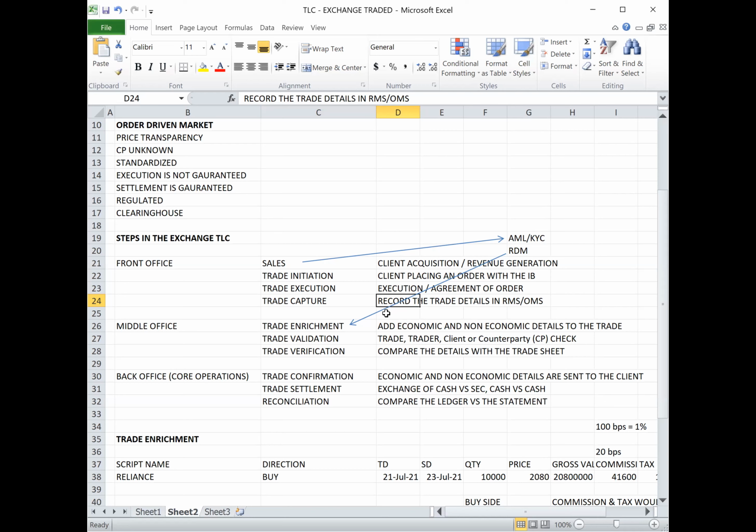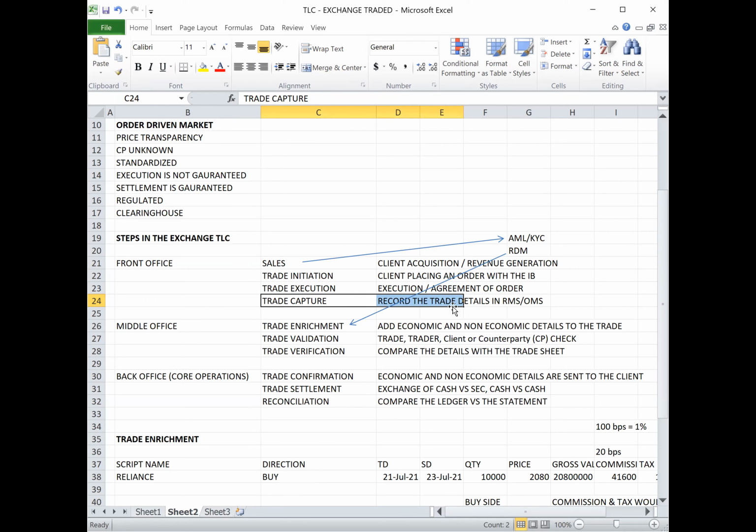Okay, it is a system, guys. It is a software. Basically, you can understand it this way. They would have their front office software, and they would capture the details of the trade in that software. What are trade details? Anybody make a guess? The client ID, client code.